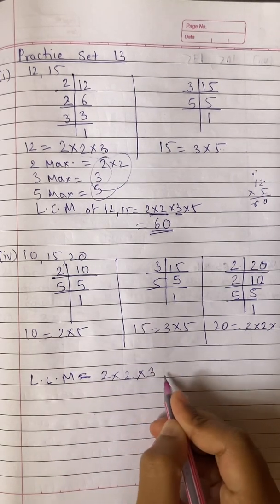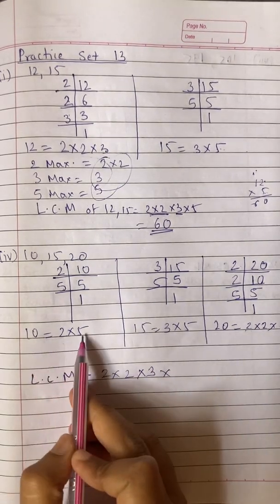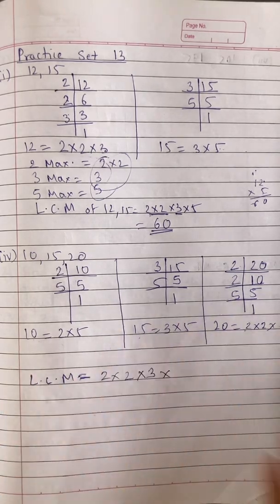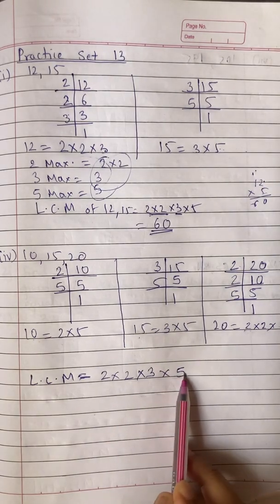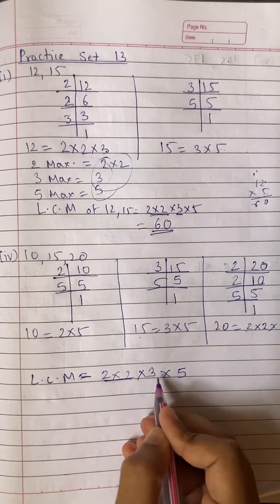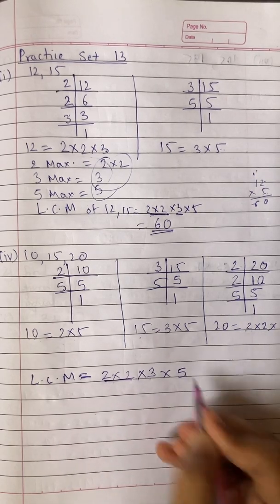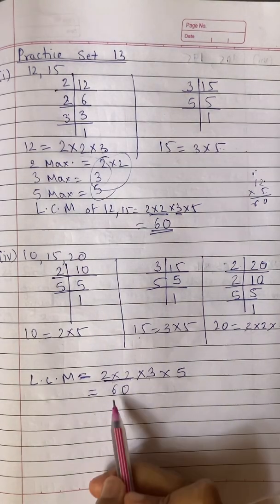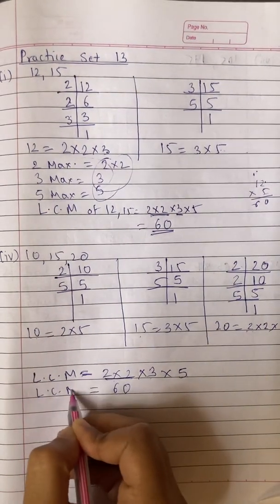So I'll write one time. 5 is there one time in 10, one time in 15 and one time in 20, so you can take any number because everywhere it is present one time only. Now multiply. 2 2s are 4, 4 3s are 12, and 12 5s are 60. Again you can see we get the LCM as 60.